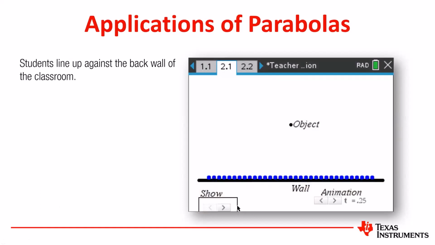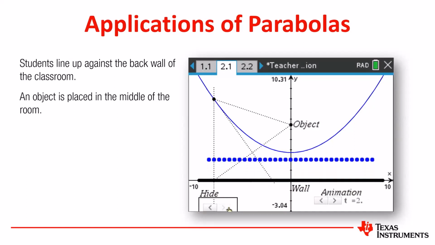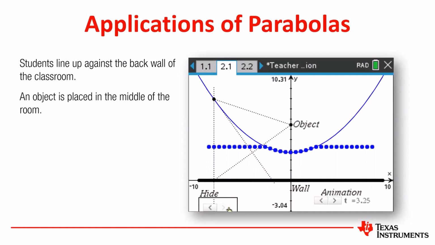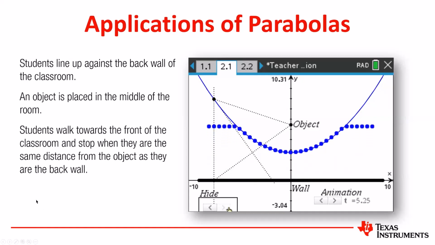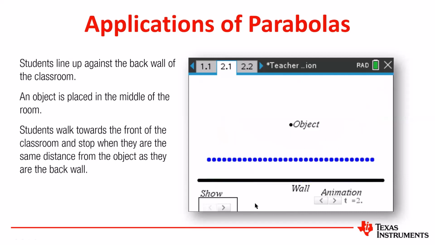You get them to line up against the back wall of the classroom and basically walk away. Oh, sorry, you put a chair or some object, you can stand in the middle. And the idea is that the students walk away from the back wall, but they stop as soon as they get to a point where they are the same distance from the wall as they are from you. In other words, exactly the same as the geometry that we've been playing around with here.